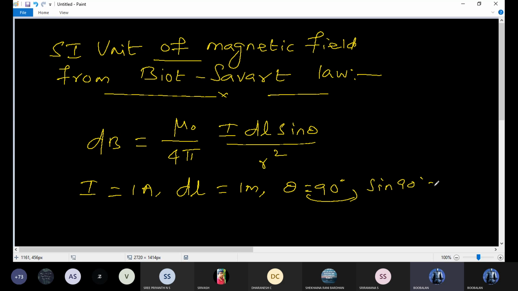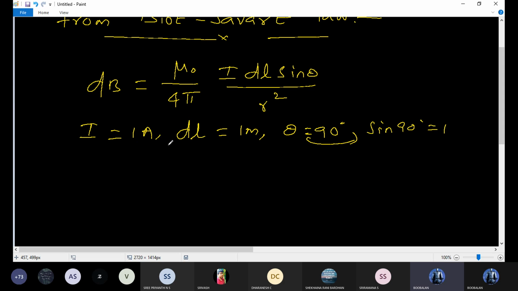Sin 90 degree equals 1. So all the values you can apply: I value 1, dl value 1, sin theta value 1, and that r value, the position value, is also 1 meter.